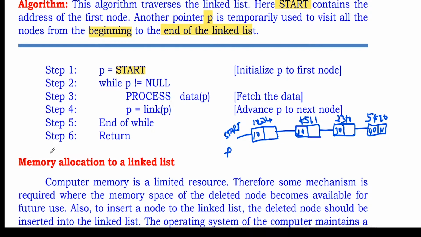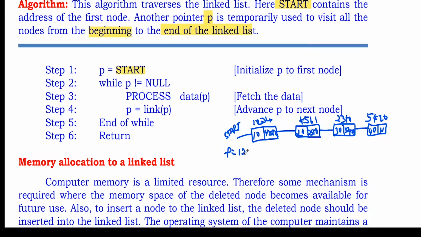I think that makes it clear. So these addresses are kept here. What does start mean? 1, 2, 3, 4. That will be copied to P. What is P now? Also 1, 2, 3, 4.